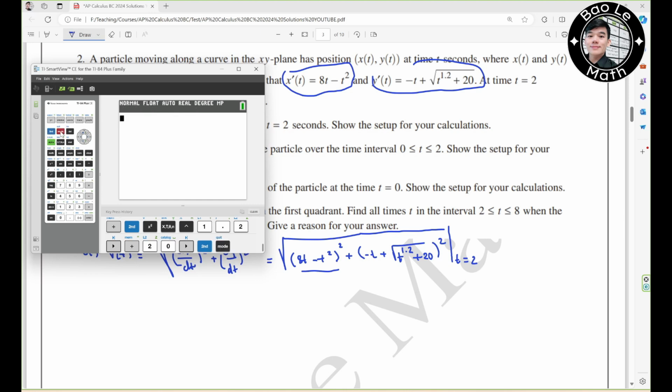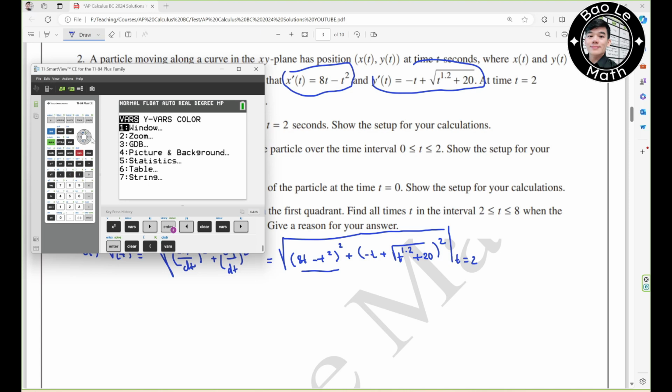Alright, so that's it. Now we just exit this one. We hit second, square root right here. We don't need to input this one anymore, because we already have Y1 and Y2 right there. So we hit parentheses, VARS, Y-VARS, function, Y1, then parentheses 2, close parenthesis, one more parenthesis, and then square. This is to calculate the value of this expression when t equals 2.